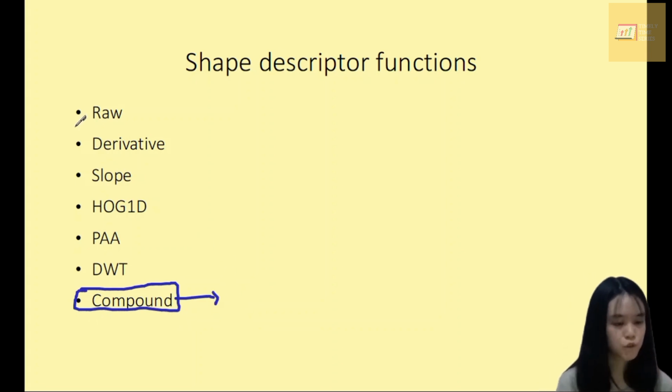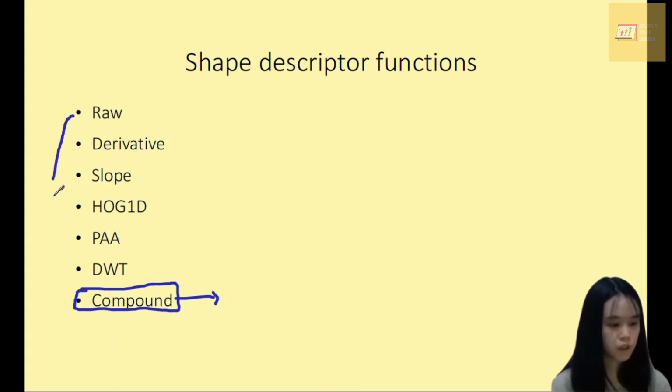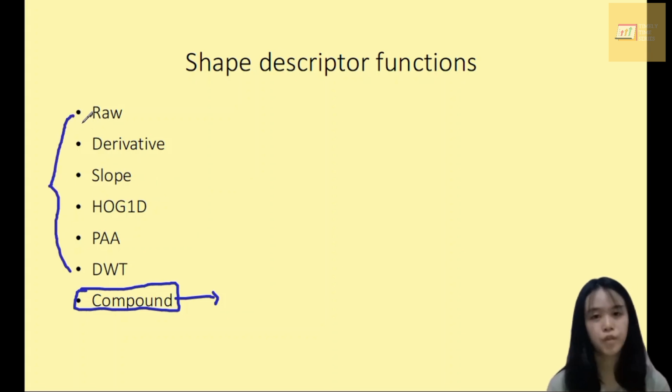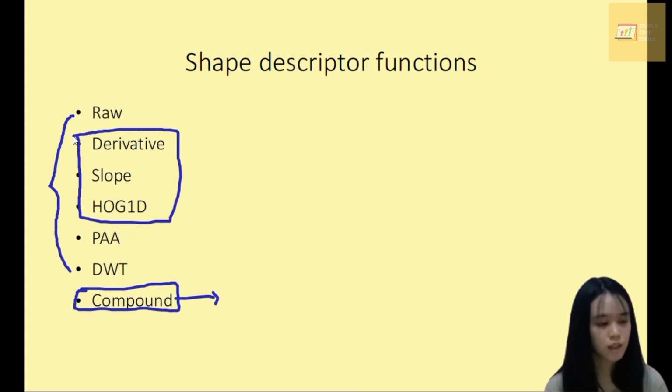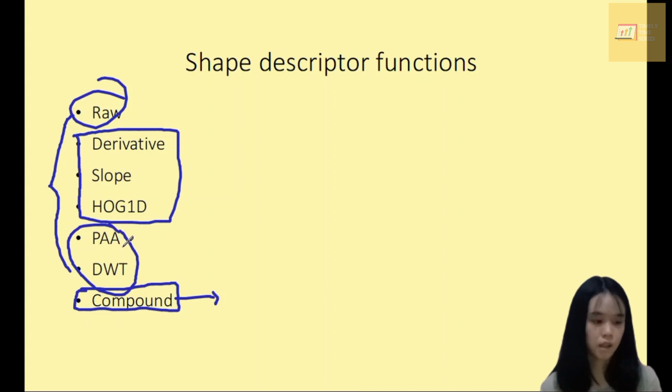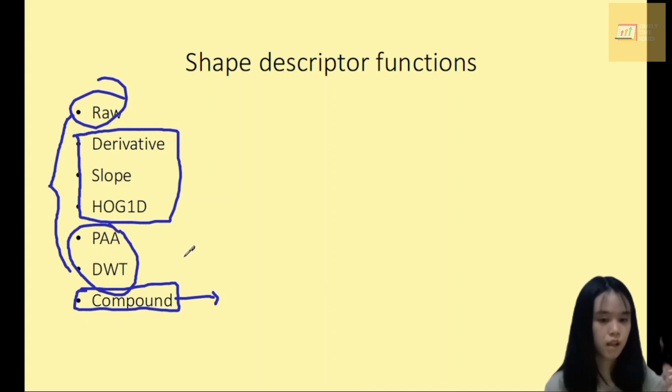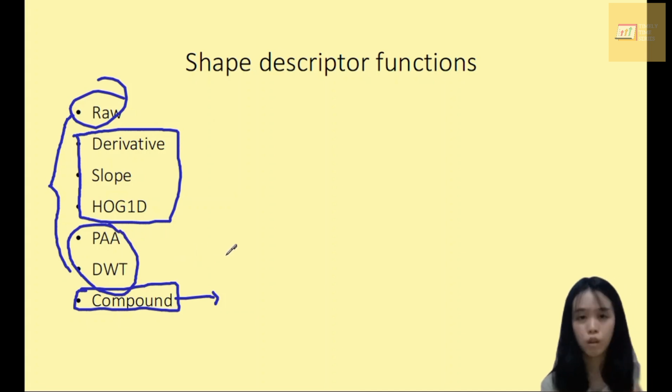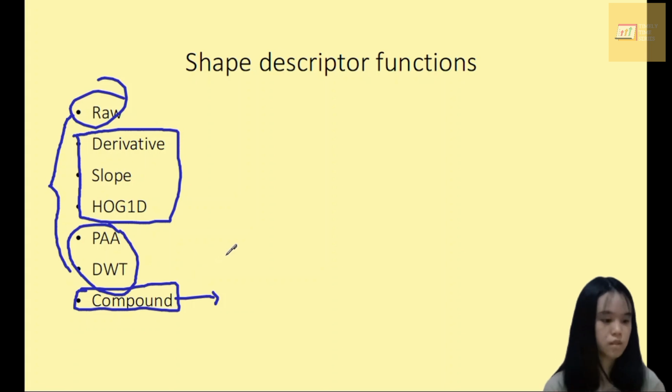So the descriptor functions that I've mentioned above here are roughly divided into two classes. The first class uses more of the slope instead of the magnitude of the subsequence, and the second class is raw, PAA and DWT. They fall into the same category because they try to look at the value at each subsequence.